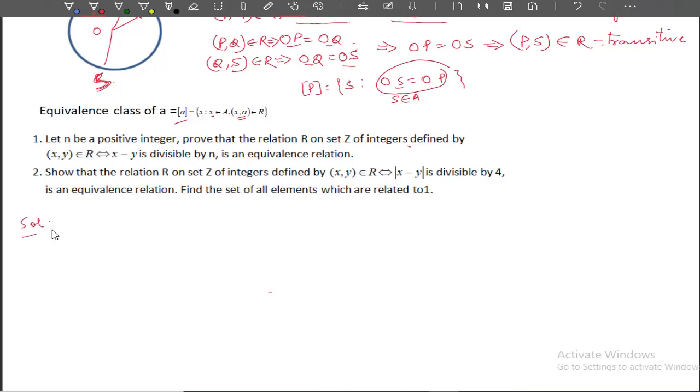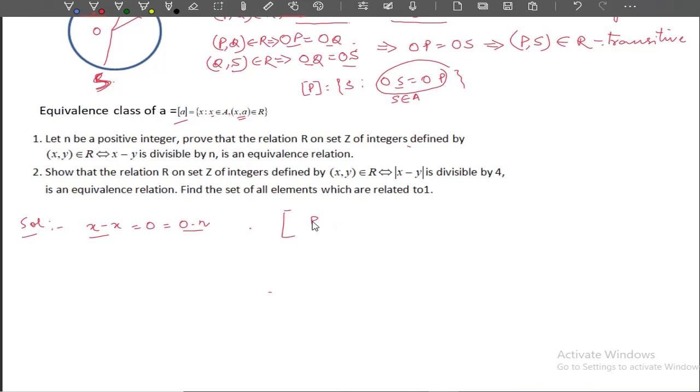Let us solve it. At first we have to find whether this relation is reflexive or not. x minus x is equal to 0. So x minus x is a multiple of n. What is the definition of divisibility?